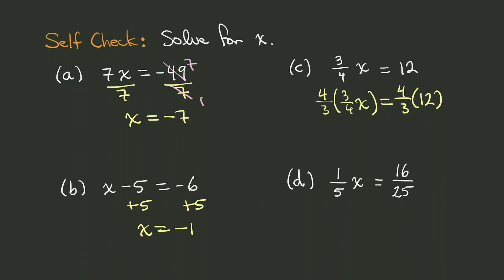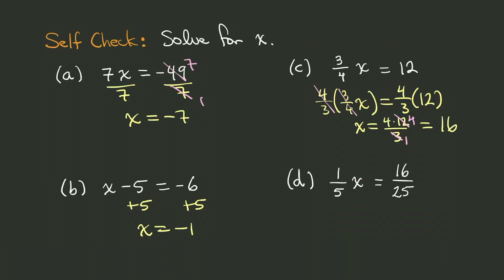On the left-hand side, that's going to cancel the 4/3 and the 3/4, leaving us with x. And on the right-hand side, we'll have 4/3 times 12, which is 4 times 12/3. Now we can simplify that because 3 divides 12, we'll end up with 4/1, which leaves us with 4 times 4, which is 16/1. So we just get 16.